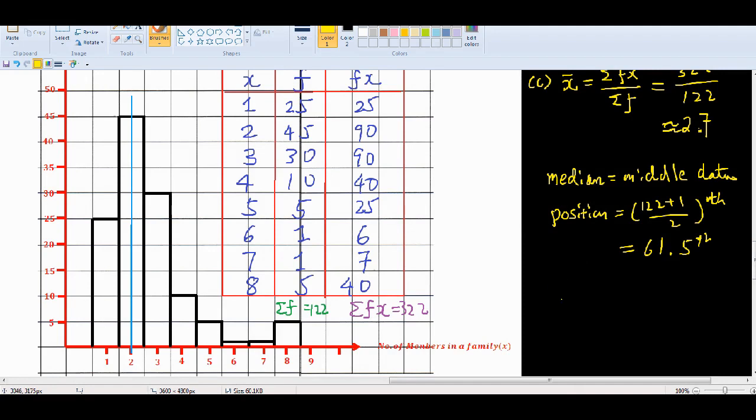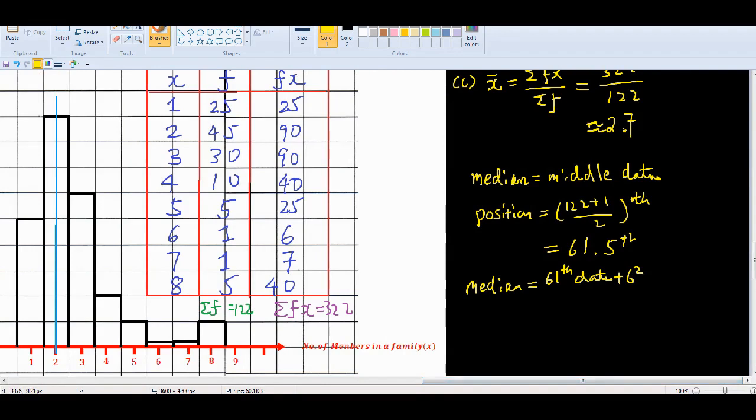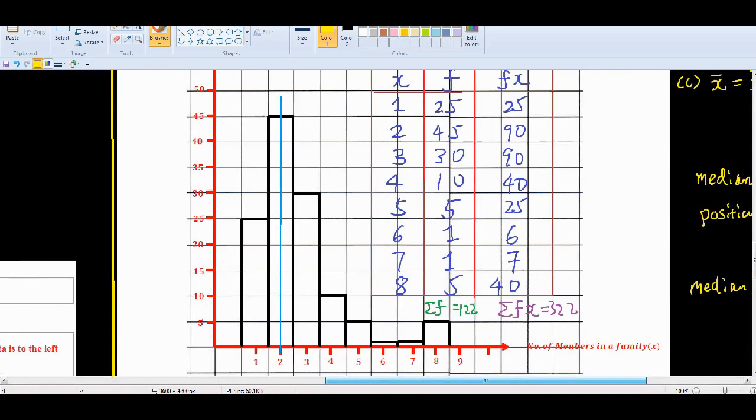So the median would be the 61st data plus the 62nd data divided by 2.